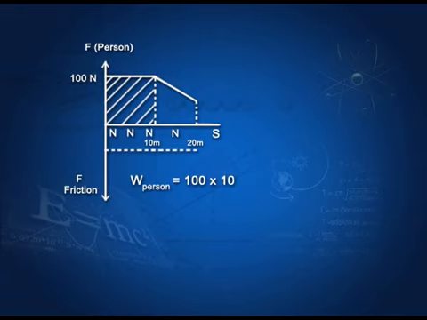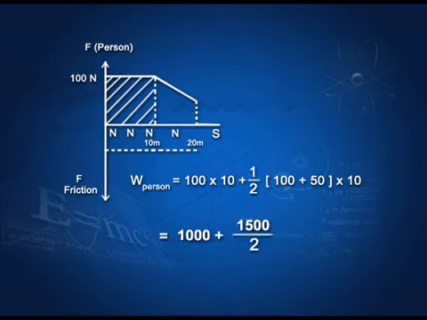For the next section, which is a trapezium, it would be half into the sum of the parallel sides, which in our case is 100 plus 50 multiplied by 10. On calculating this, it works out to 1000 plus this value over here, this is 150, so 1500 by 2, or the total value is 1750 and the unit will be joule.